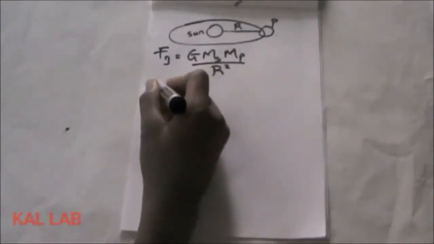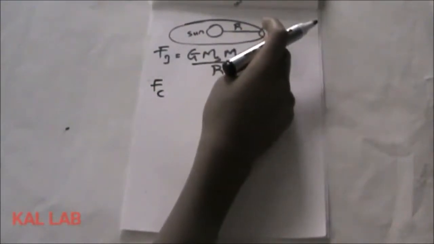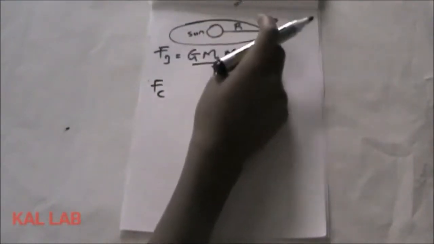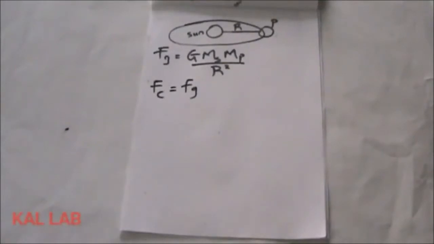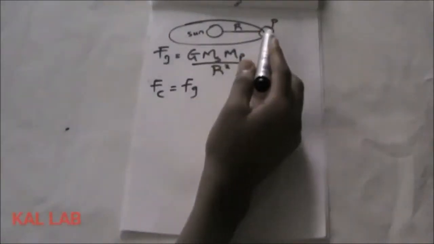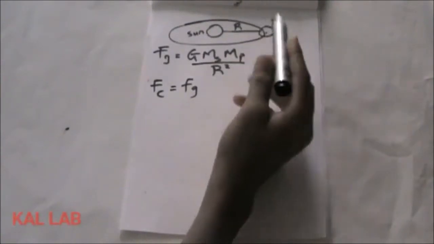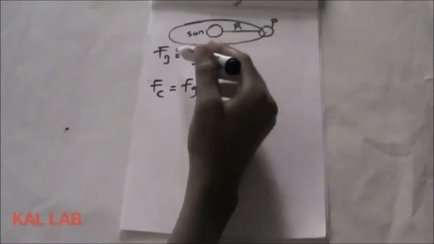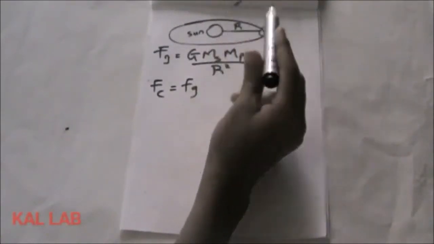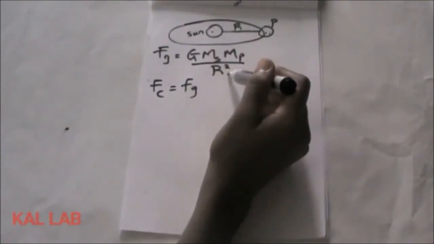So the centripetal force, the force that is keeping the planet in the orbit, is the same thing as the force of gravity, which is exerted on the planet by the sun.